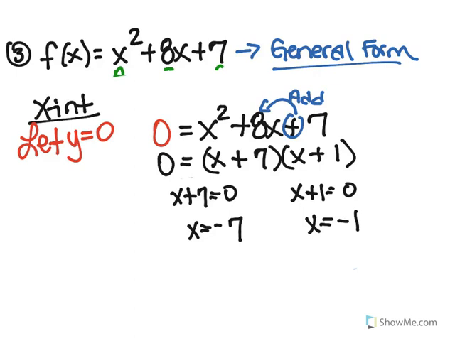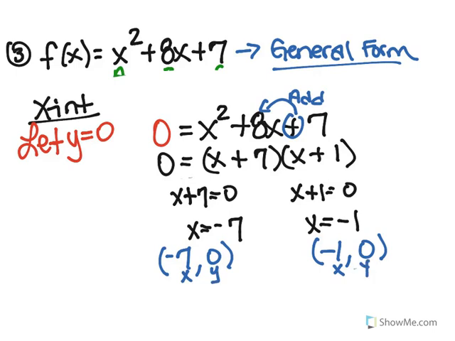And keep in mind, when we put this into my labs, they want you to write it as an ordered pair. So this ordered pair would be -7, 0, and this one would be -1, 0. The x-coordinate has to carry the number. And remember, you let y be 0. So that's how we find the x-intercept.